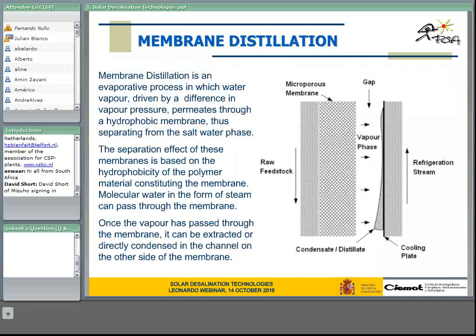So the idea here is just to play with the vapor pressure of the water. When we pass the water by the membrane, part of the vapor passes the membrane, and then we immediately condense it on a cool surface on the other side.